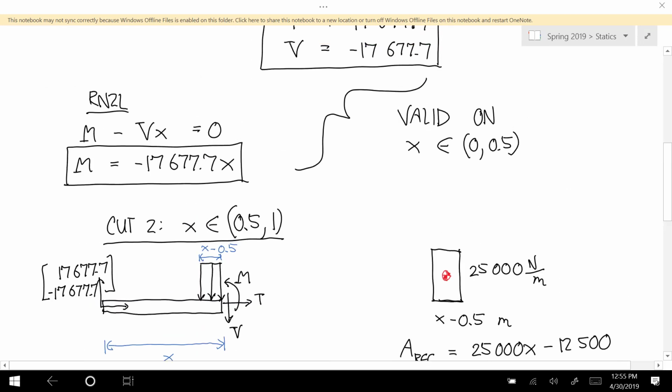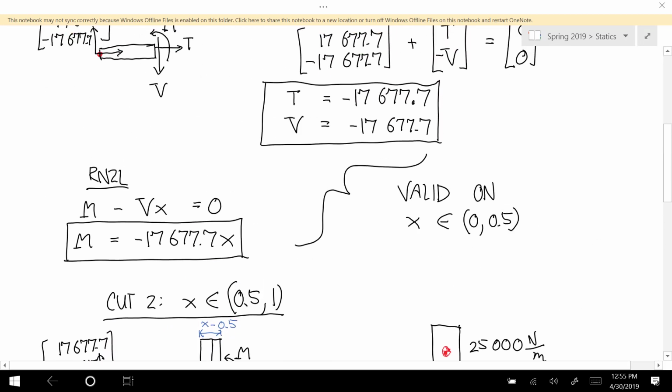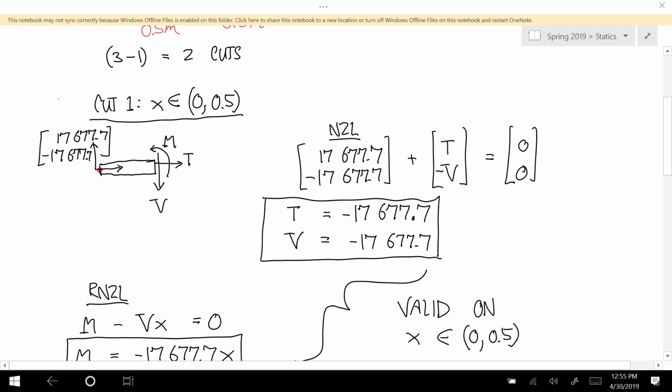And let's look for it on cut 1. dm/dx is equal to v. That works. dv/dx is 0. And on that first cut, there was no distributed load. So that one works.